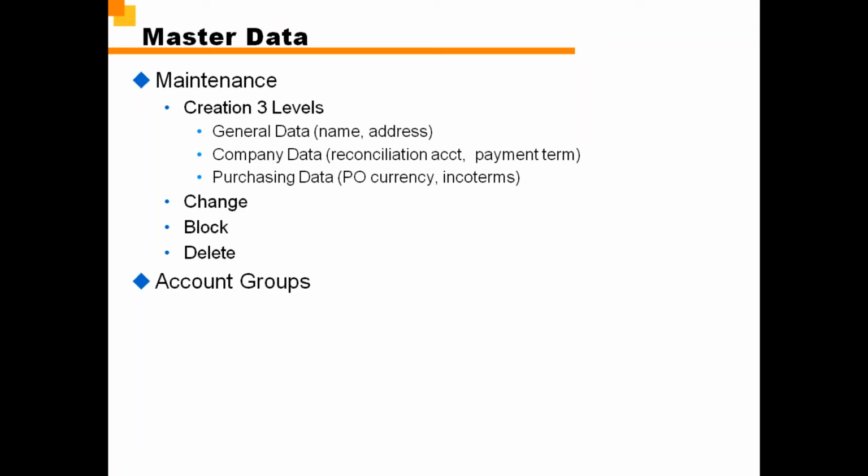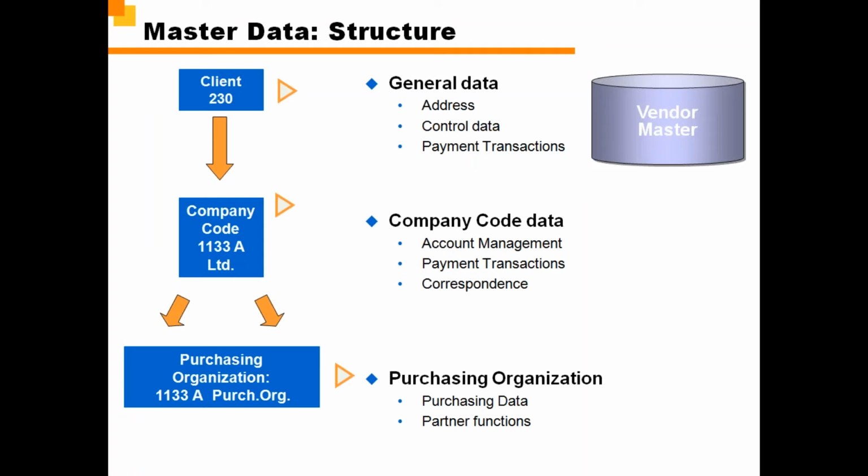For example, we have vendor account groups with names like raw material vendor, expense vendor, IT vendor, and your vendor for one time. Now what do you mean by the one time vendor? That we will also see. Here it is showing the information we will have under these three segments.